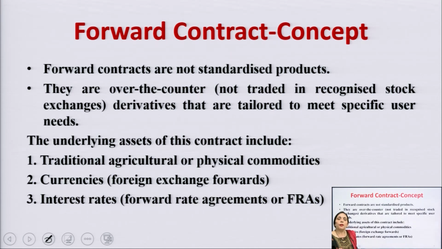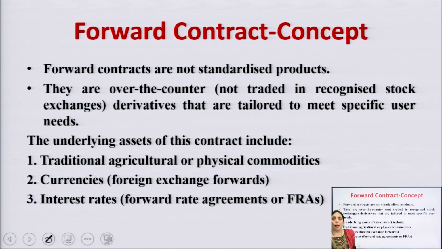The buyer of the forward contract agrees to buy an underlying asset at a certain time in the future at a certain price that is decided in advance. The seller of the forward contract agrees to deliver the underlying asset at that time in the future at that price, which is again decided in advance.